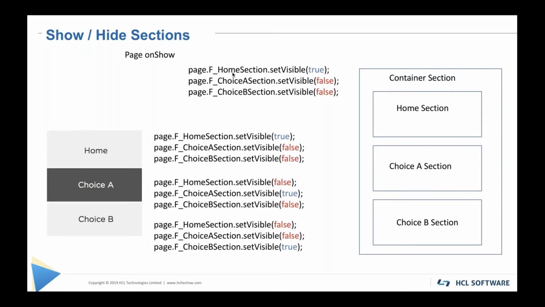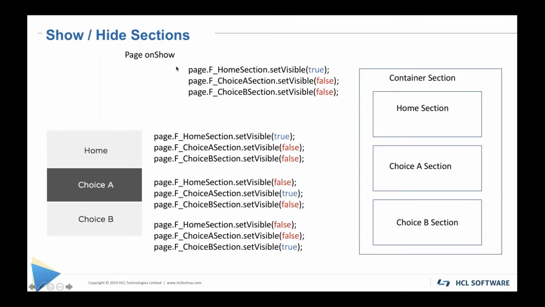The way I've got the information on the right, I've got an overall container. That's one section, and then inside these sections, I've got 3 other sections: a home section, choice A, choice B. When you click, it says which ones to show, which ones to hide; it comes down to which one is true and which ones are false based on the selection. So fairly simple to implement.